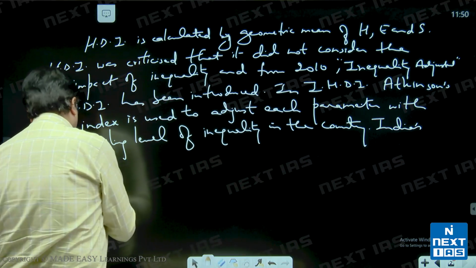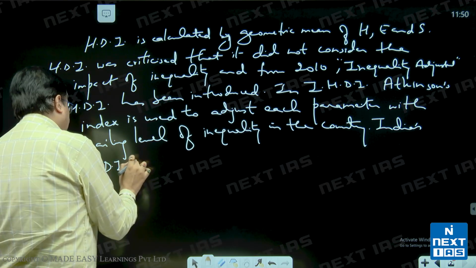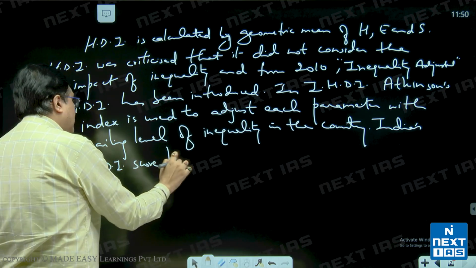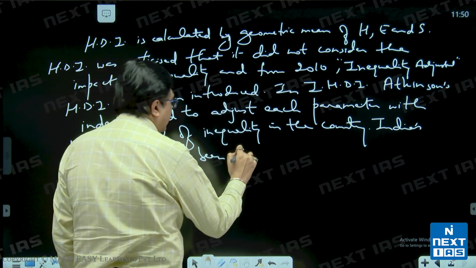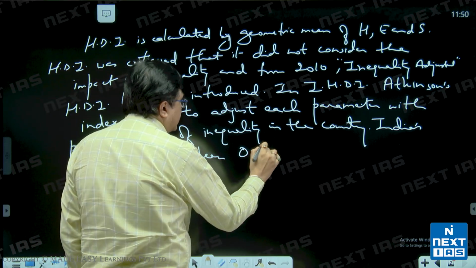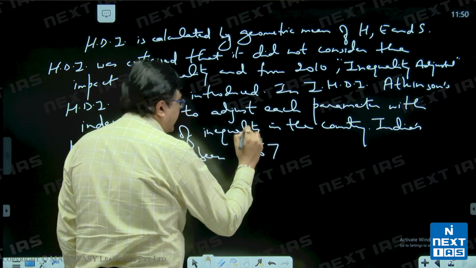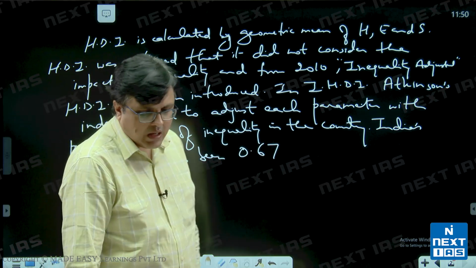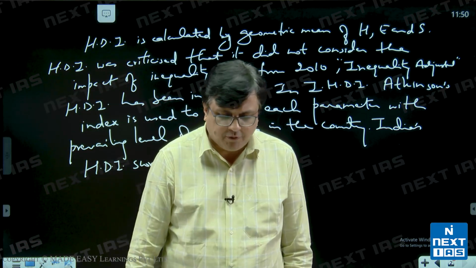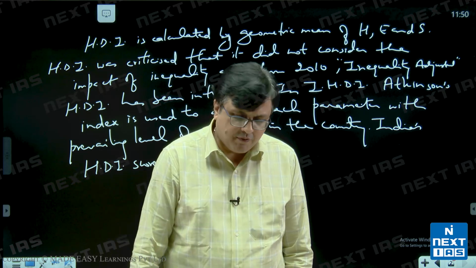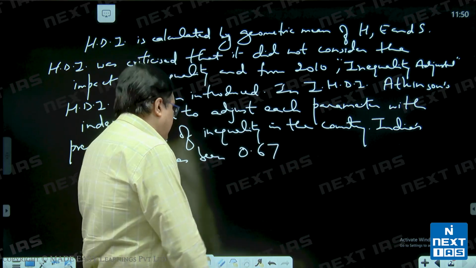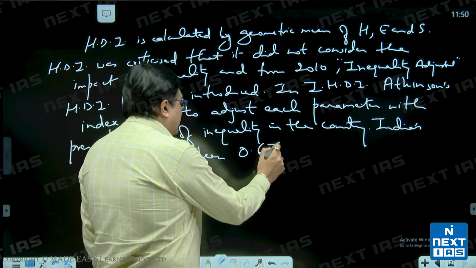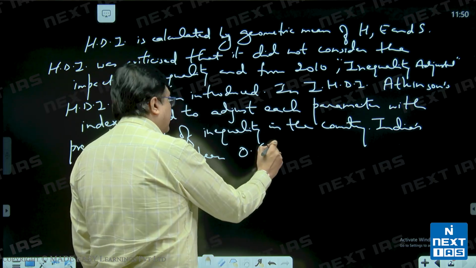India's HDI score has been 0.67. Now, I'm giving you the HDI score for 24. Of course, for 25, we can get a separate number. But India's HDI score has been, in fact, 0.68.